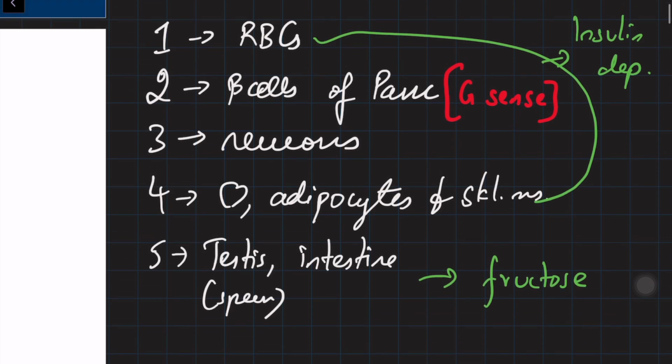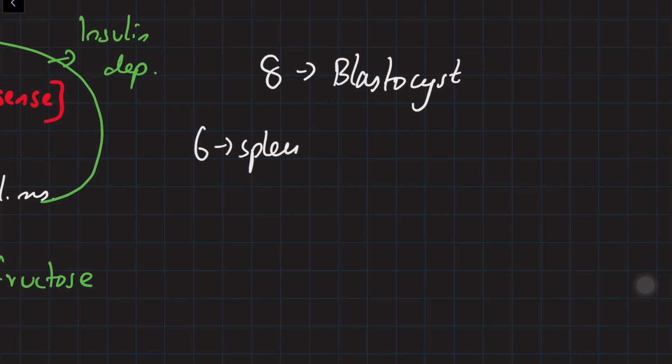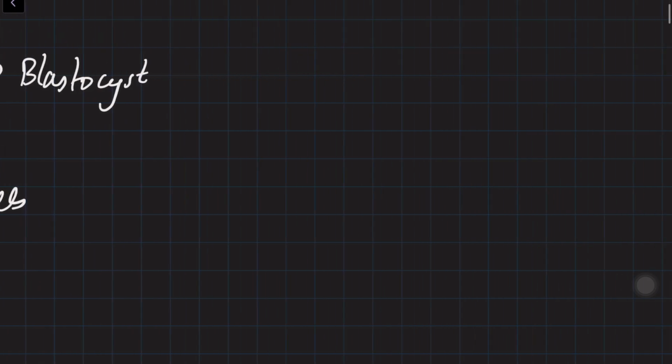There are some other special types of GLUT, like GLUT 8 is for blastocyst, and then 6 is for spleen, and 7 is seen in some liver cells. These are some special types of GLUT, and there is also a special type of glucose transporter called SGLT.